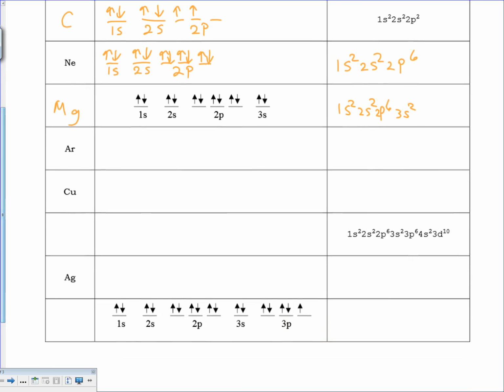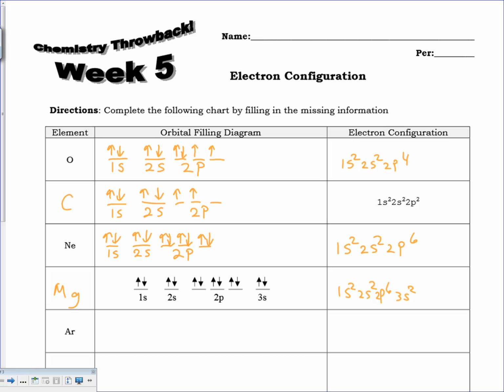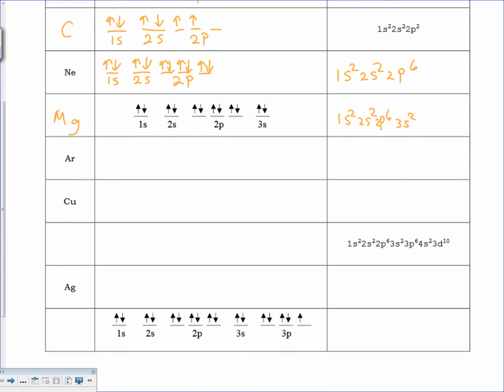Argon, getting bigger here. Looking at the periodic table, argon is at the end of the 3p sublevel, so we have to go all the way through to 3p. That makes it 1s, 2s, 2p, 3s, 3p.